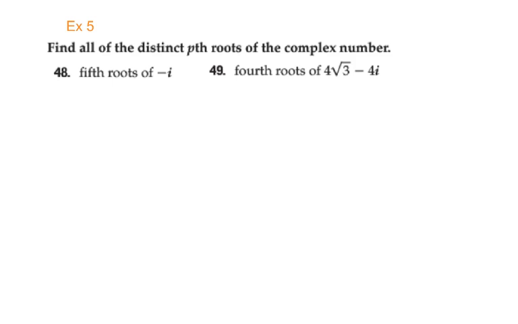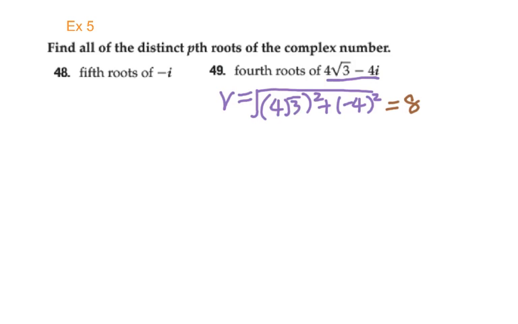Let's go to the next question. First of all, we need to change this complex number into polar form. So we got r equals the square root of (4√3) squared plus (−4) squared, equals 8. For theta, you have to figure out which quadrant that complex number is located in.